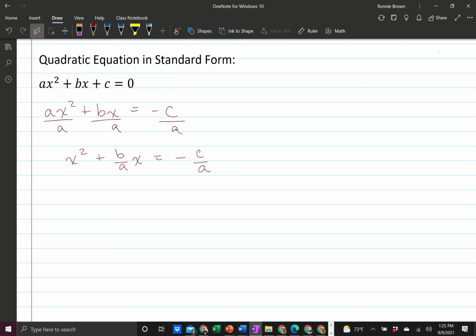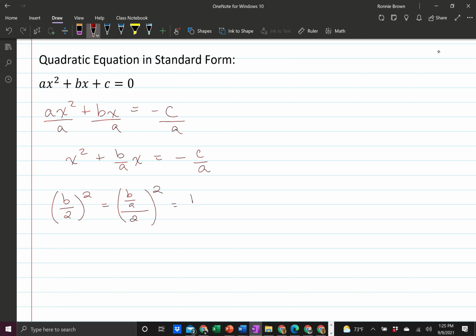The next step in completing the square method is to actually use our formula, b over 2 squared. So our b value is b over a, and this is over 2 squared. In looking at this, b over a divided by 2 over 1 is what we're really saying.